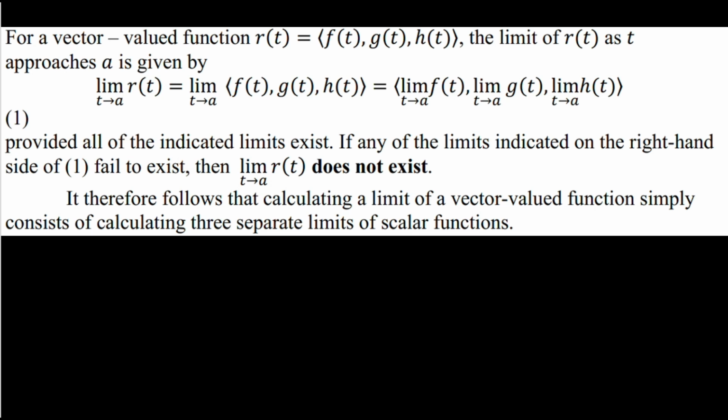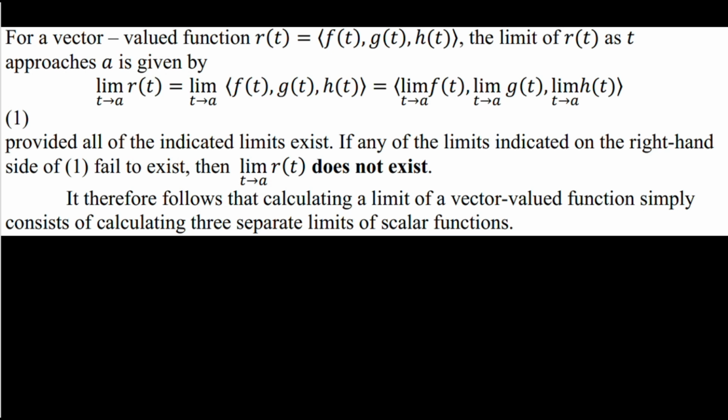For a vector valued function r of t, which is defined as f of t, g of t, and h of t, the limit of the function as t approaches a is given by the limit of the individual component functions.